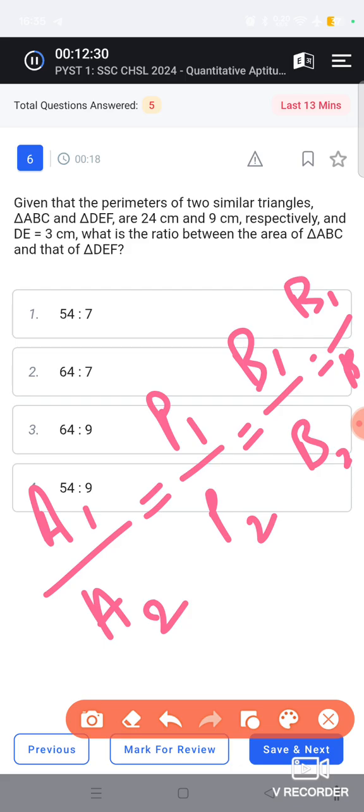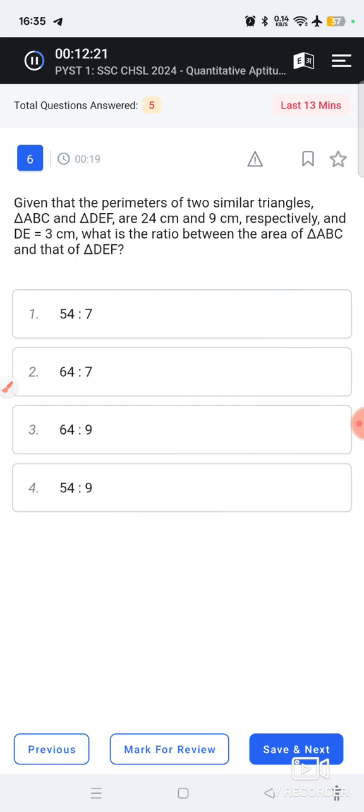So here we can say ABC and DEF are similar triangles with perimeters given respectively. Okay, no problem.